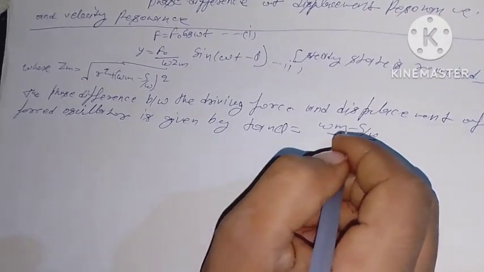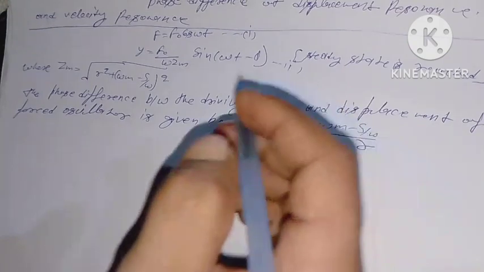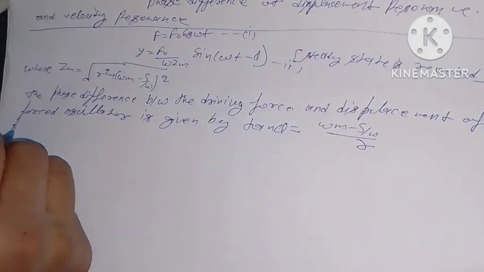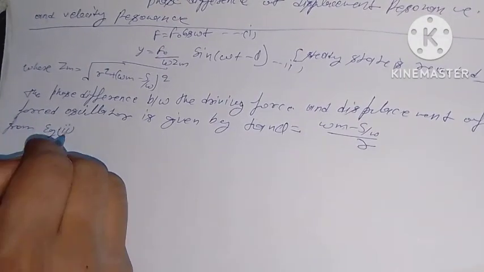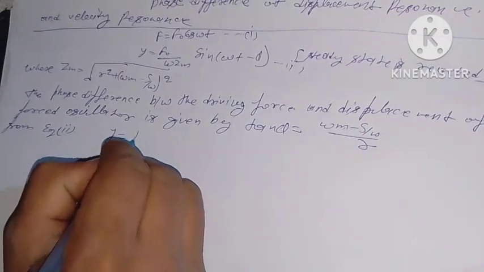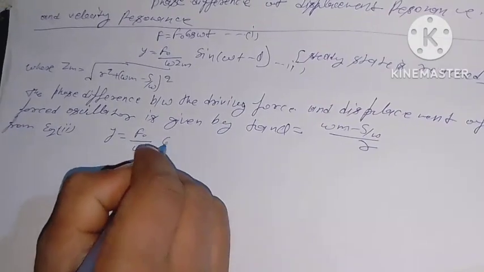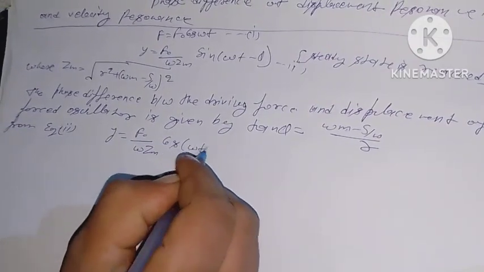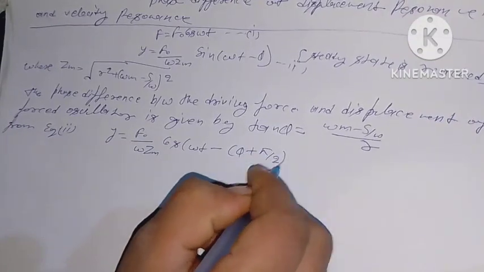From equation number second, it can be put in the form y equal to F naught upon omega Zm cos of omega t minus phi plus pi by 2.